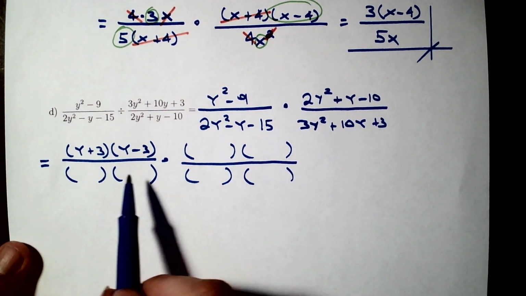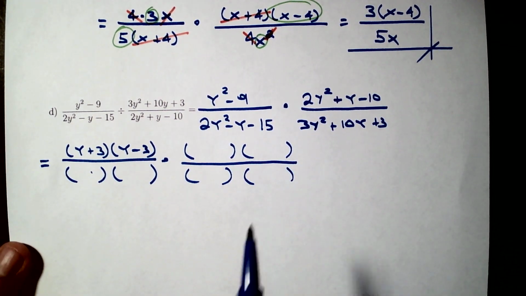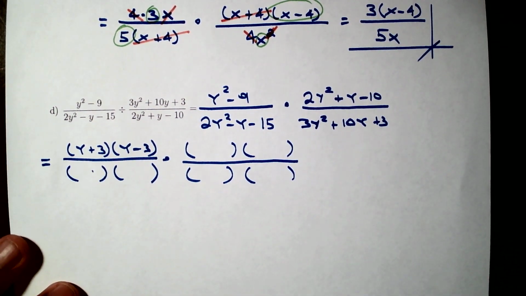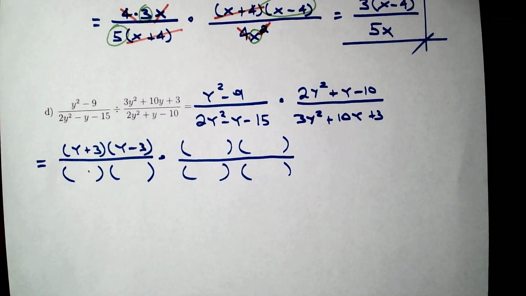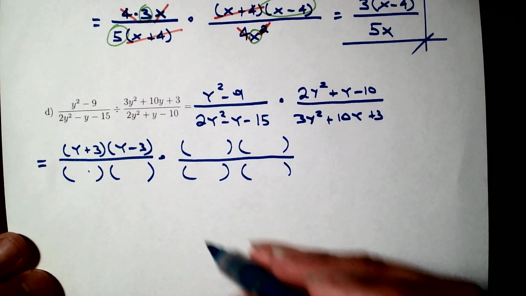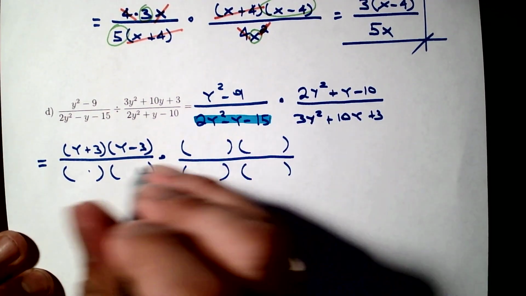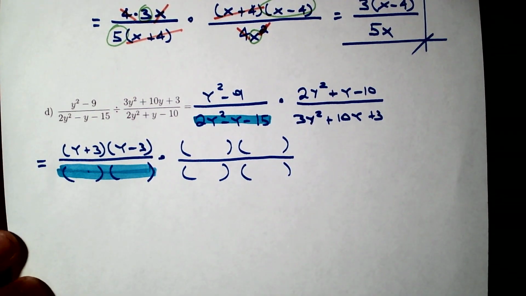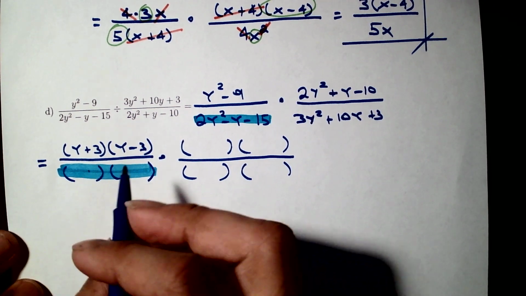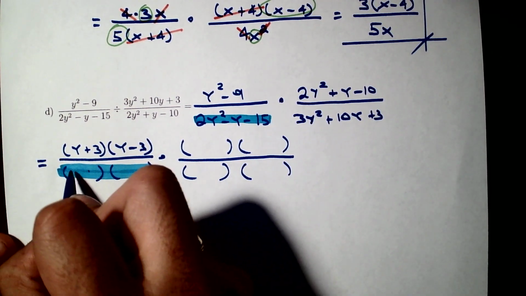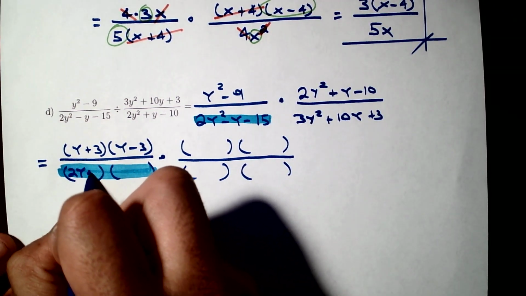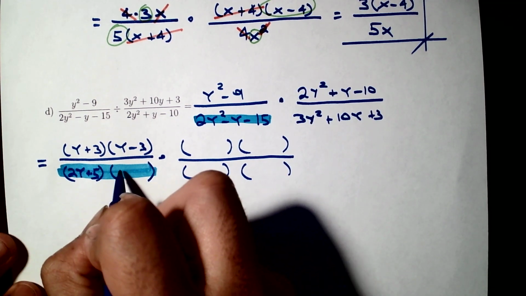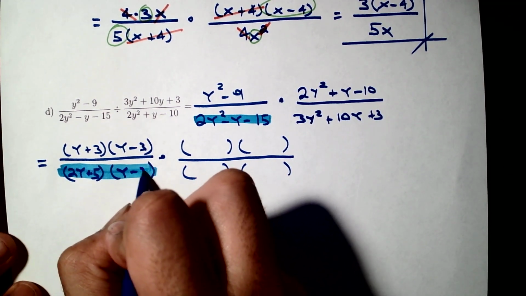In this case I will just give you the answers. Let me highlight this one with blue just so you can see where everything is coming from. This will turn into 2y plus 5 times y minus 3.